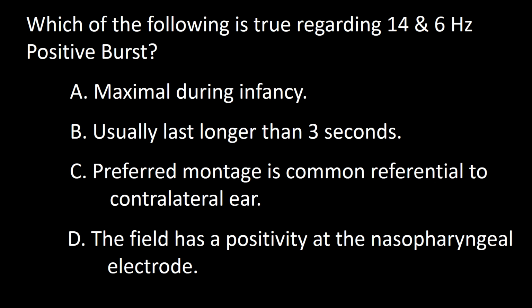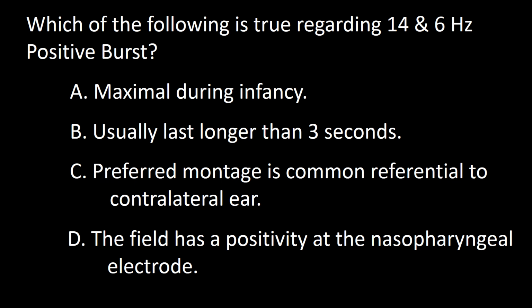Next question. Which of the following is true regarding 14 and 6 Hz positive burst? A, maximal during infancy. B, usually lasts longer than 3 seconds. C, preferred montage is common referential to contralateral ear.